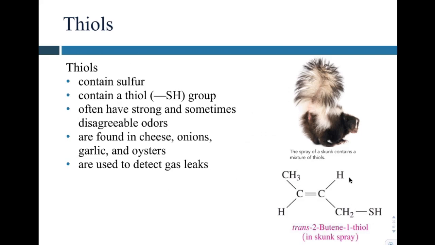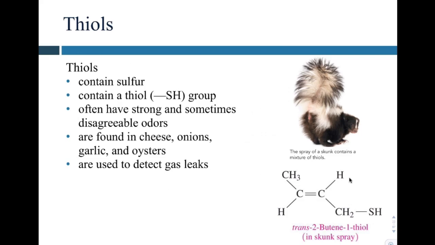They often are really, really stinky, so your thiols are going to be your stinky substances. This is responsible for the after odors of onions, garlic, some stinky cheeses, and some oysters. It's also found in skunk spray. We put thiol into methane gas, and if you've ever smelled gas, it's not the methane that has a smell.